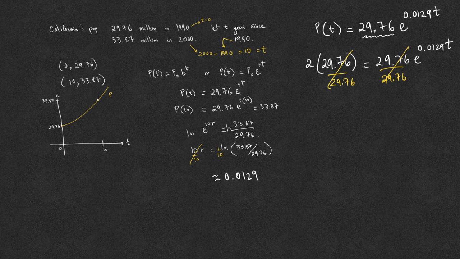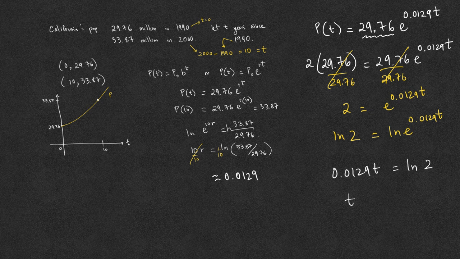Even if we were not given the initial value, we can still solve this problem. 2 equals e to the 0.0129t, and so ln of 2 equals ln of e to the 0.0129t, and so ln of e cancels out, and it gives us 0.0129t equals ln of 2. t is ln of 2 over 0.0129, and this is the generic formula for the doubling time.